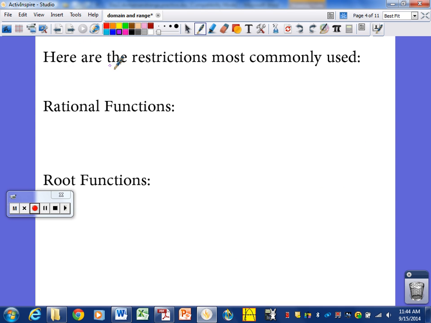Okay, so here are the restrictions. For all rational functions, the denominator can never be equal to 0. Okay, you cannot have a 0 in the denominator. It can never be equal to 0, because then that's where it's undefined.